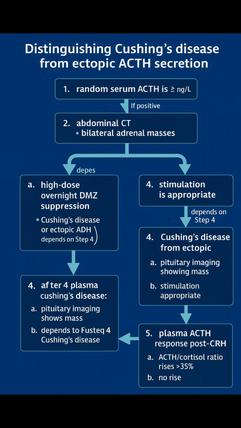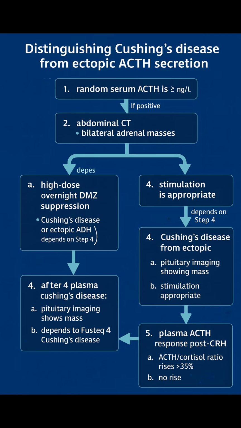First of all, IPS sampling is not needed when the following criteria of Cushing disease are met: if it is an ACTH dependent Cushing disease, if there is suppression with the high dose dexamethasone test, and there is a visible adenoma on MRI, then you don't have to confirm where the Cushing disease is, okay?